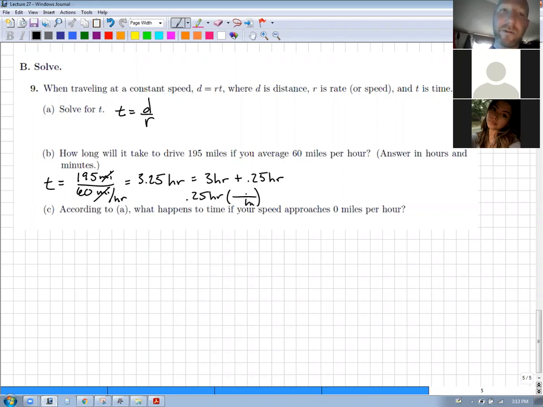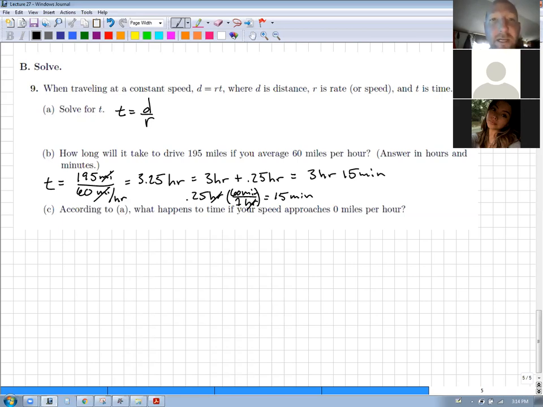Get rid of hours, we want minutes. 1 hour is 60 minutes. Hours go away. So 0.25 times 60 is 15 minutes, right? 0.25 would be a quarter of an hour, which is 15 minutes. So this is 3 hours, 15 minutes.